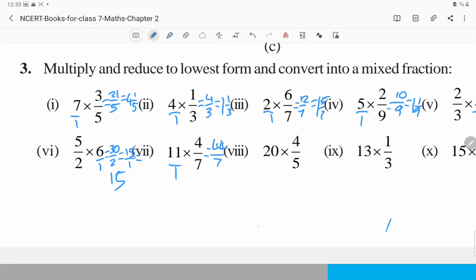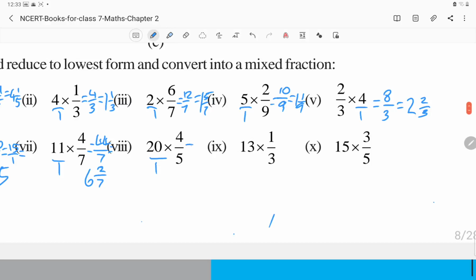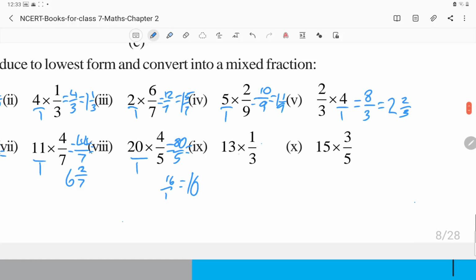44 by 7, which equals 6 and 2 by 7. 20 times 4, which equals 2 times 4 is 8, so 80 by 5. You can simplify that. I think that's 16 by 1, which is 16. Then 13 by 3, which is 5 times 3 is 15.